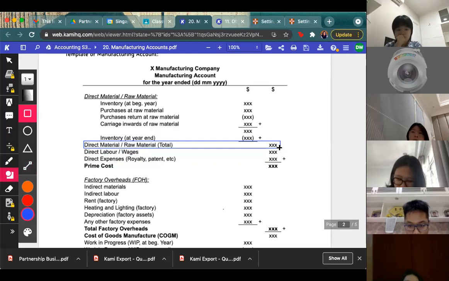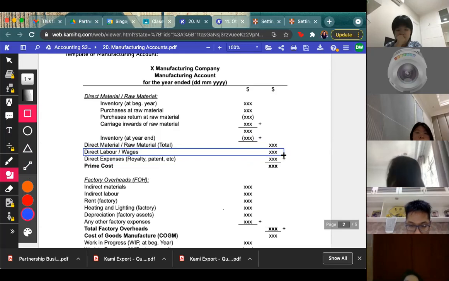After direct material, continue with direct labor. Direct labor is here. Remember, this is wages or salaries of a person who actually touching the goods or essential to the production. If this person is not coming for work, the production process will be affected.